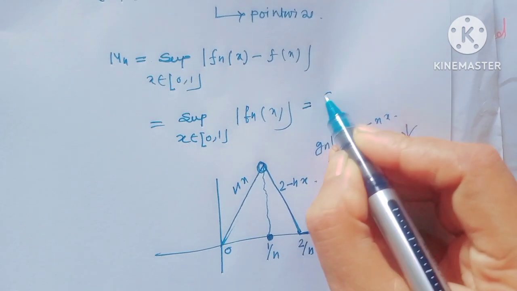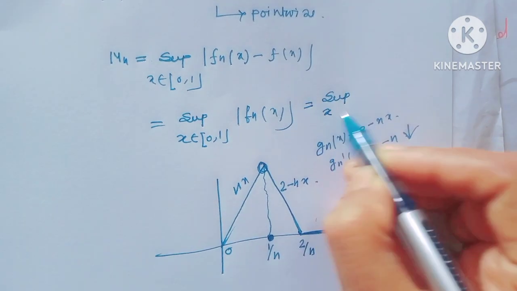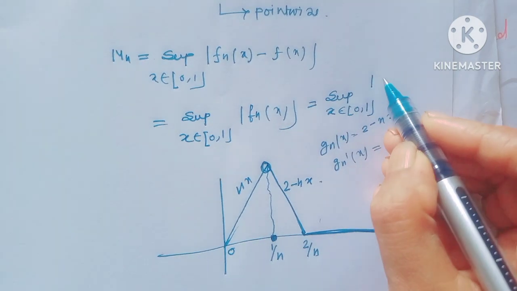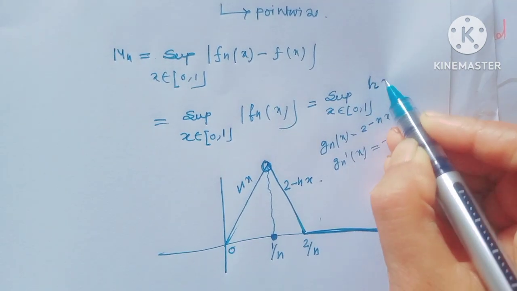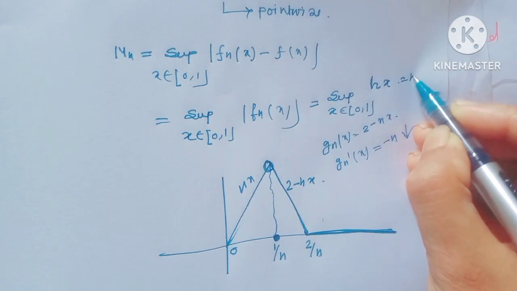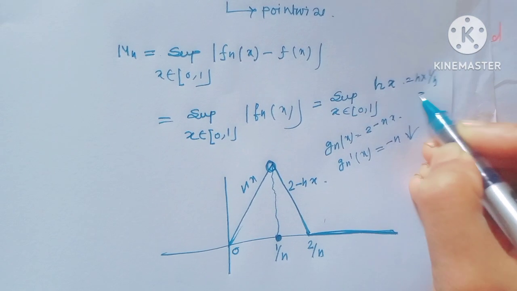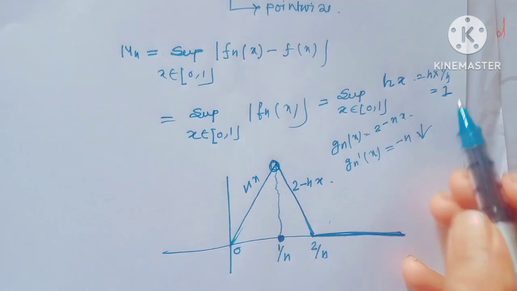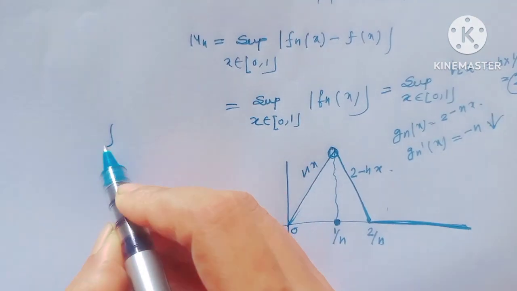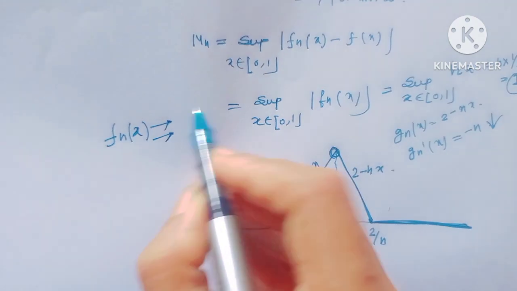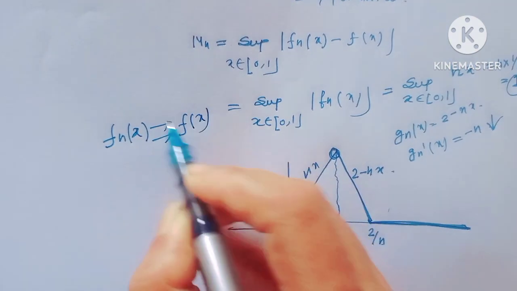The supremum of fn(x) is nx at the point 1 over n, so this value is n times 1 over n, which is 1. That means since Mn does not converge to 0, fn(x) does not converge uniformly to f(x).